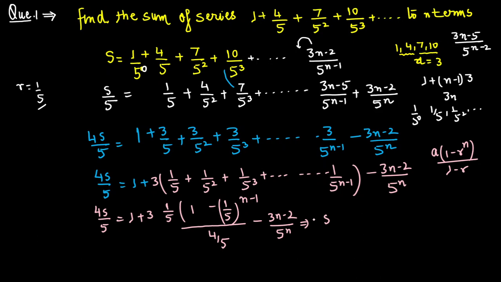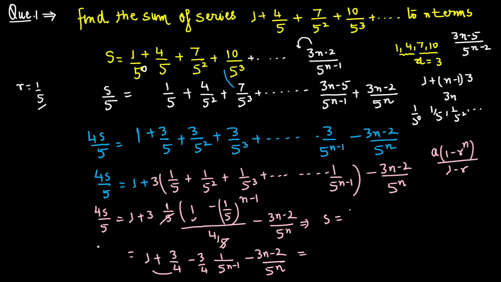So S, before S, let's simplify this. 1 plus, this 5 and this 5 will get cancelled. 3 by 4 multiplied with 1 becomes 3 by 4, minus 3 by 4 into 1 upon 5 to the power n minus 1, minus 3n minus 2 upon 5 to the power n. So S becomes 7 by 4, and 7 into 5.